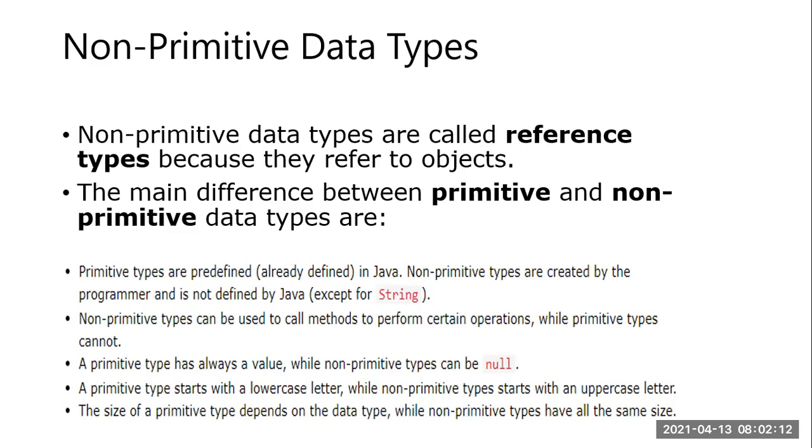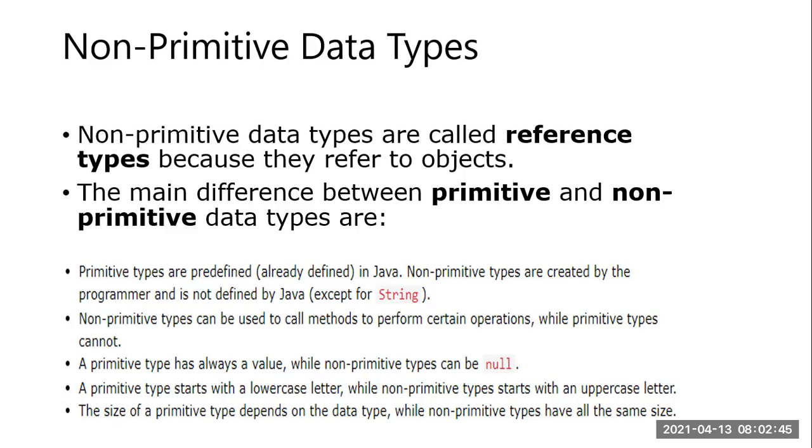Non-primitive types can be used to call methods to perform certain operations. At the time of creation of methods, we are going to use non-primitive data types. So at the time of declaration of the main method, the argument consists of String with a capital S. Each and every primitive data type starts with a small letter, but each and every non-primitive data type starts with a capital letter.